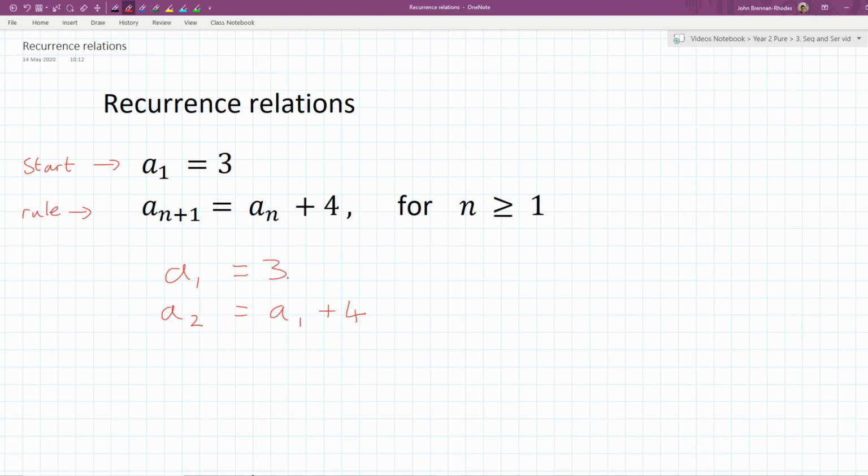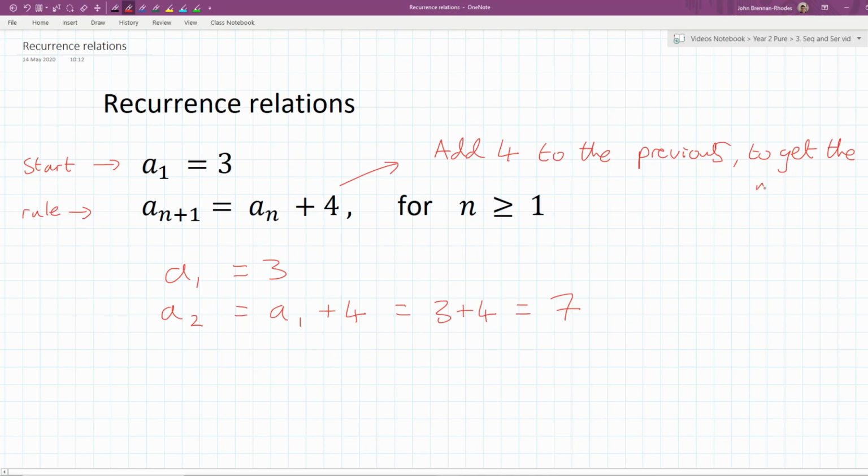Well, we know a1 is 3, so I can substitute that in there to say 3 plus 4, and that gives me 7. So I know that a2 is 7. Another way of putting this in words is add 4 to the previous to get the next. And that is a good way of looking at what that exactly says.